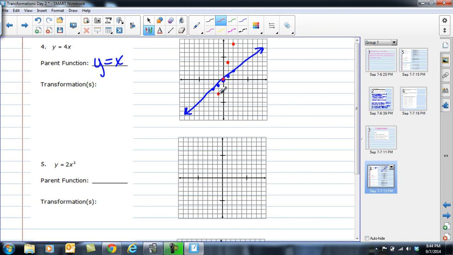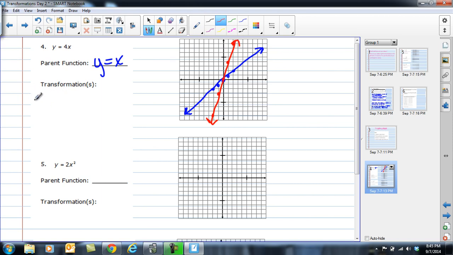And I can go backwards and do the same thing. This one's not going to be at 4. It's going to be down here at 8. And so I have this new line. What happened is I have now vertically stretched that line because I have taken those points and stretched them away from the x-axis. I have moved them further from the x-axis than they were to begin with. Another way to say that is this graph got steeper. That's what we said when you were in Algebra 1, when you were dealing with linear.